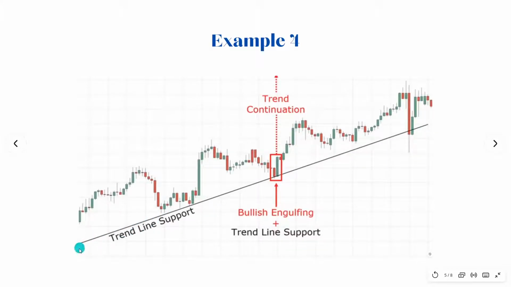Here you can see it is an upward trend. Where is the trend? It is an upward trend. Do we have an area of value? Yes, there is a trend line support. And do we have an entry trigger? We have an entry trigger.